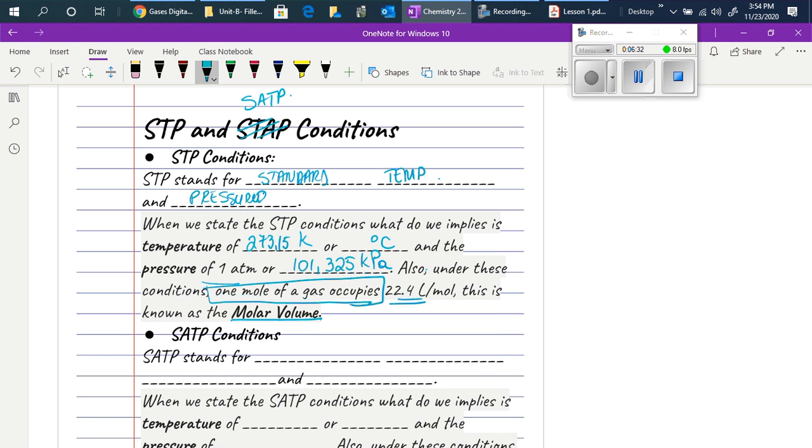So now in your data booklet, what I want you to write is: STP conditions are temperature is 273.15 Kelvin or 0 degrees Celsius, pressure is 1 atmosphere or 101.325 kilopascal, so that you have those notes and you can refer to them often.